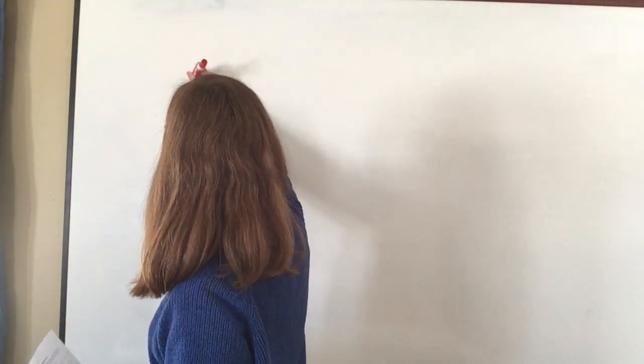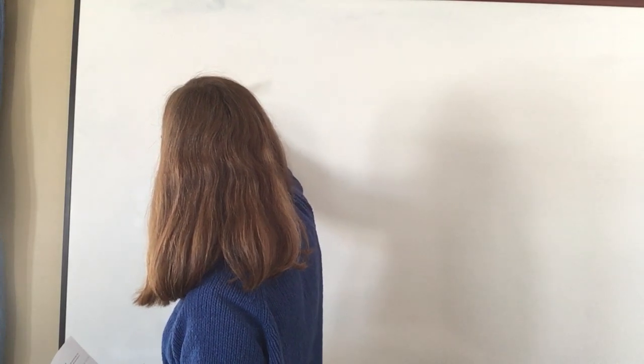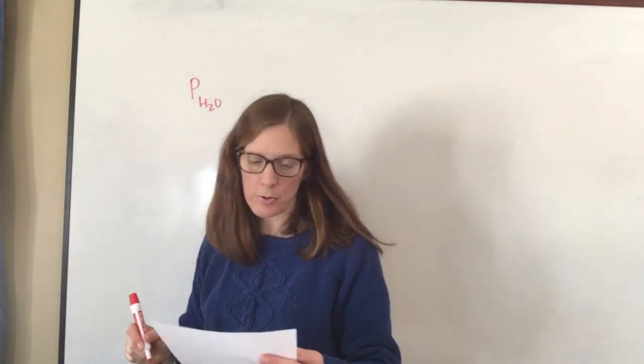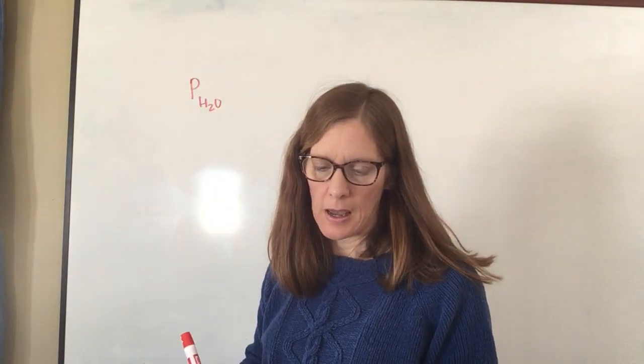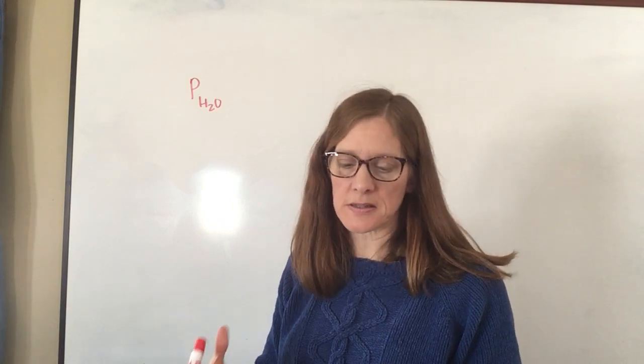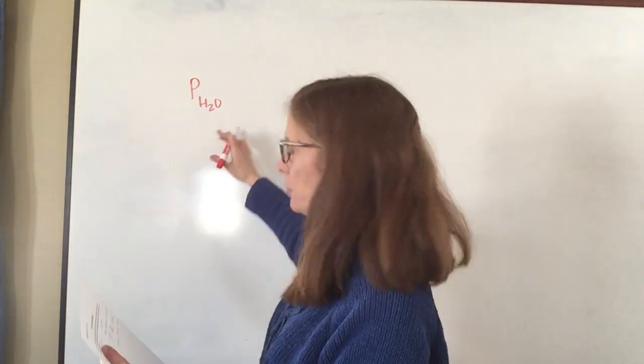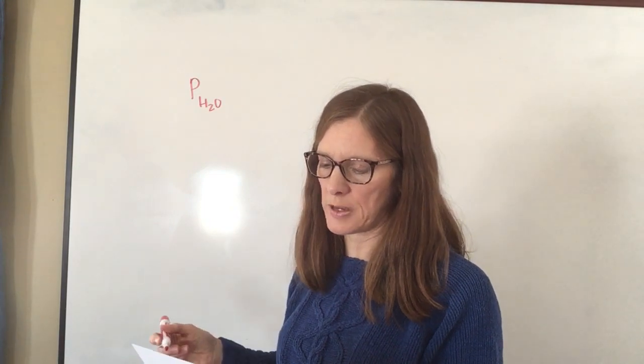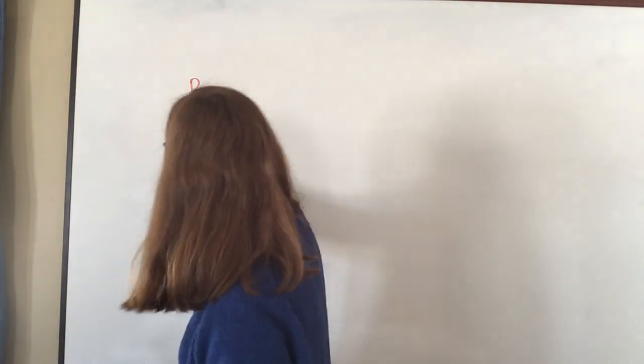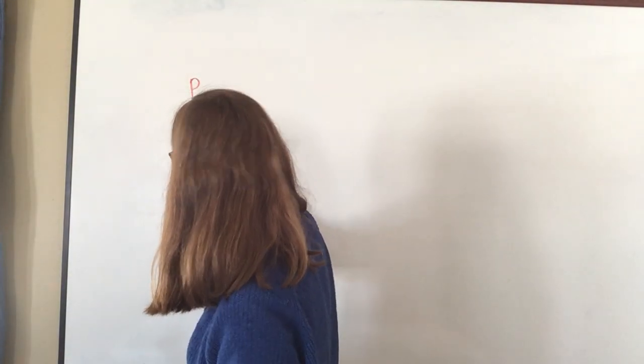I've got two gases present, so I'm going to have a partial pressure of the water vapor because I've collected the gas in the presence of water, and I'm also trying to find the pressure of the hydrogen gas.